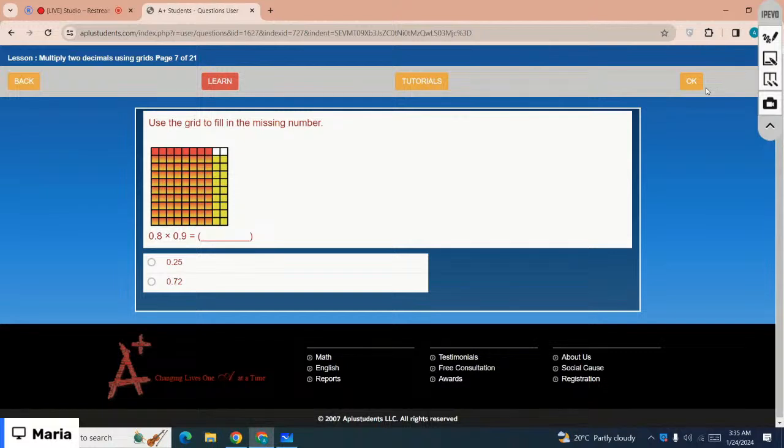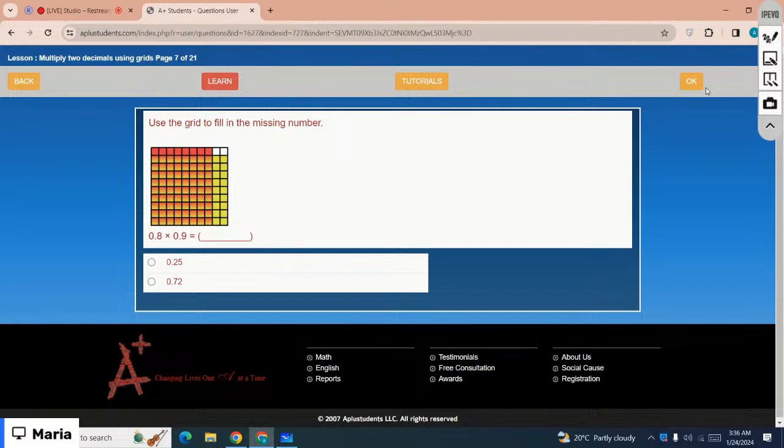Use the grid to fill in the missing number. So which number is missing? So basically you need to find the product here.